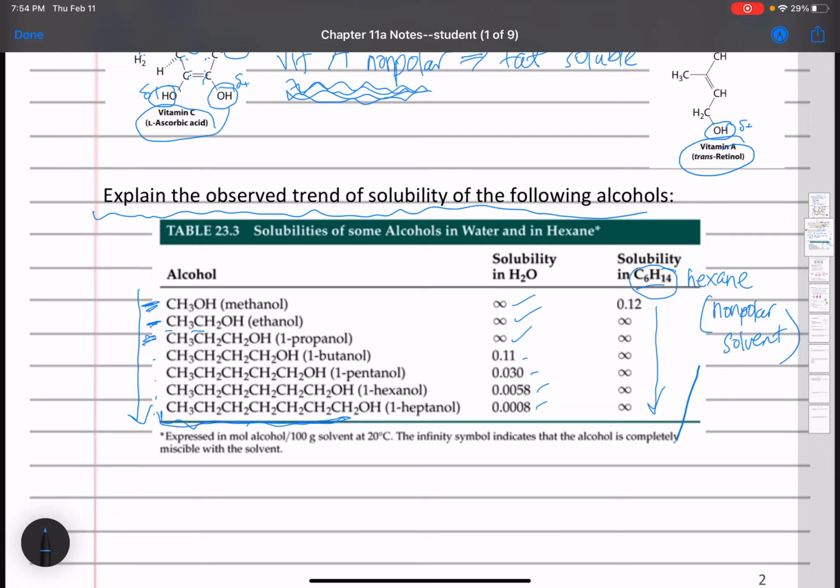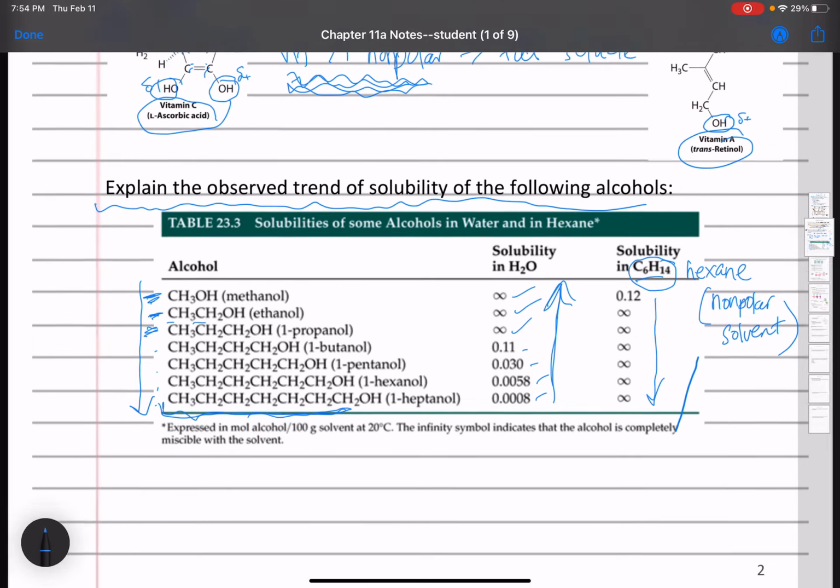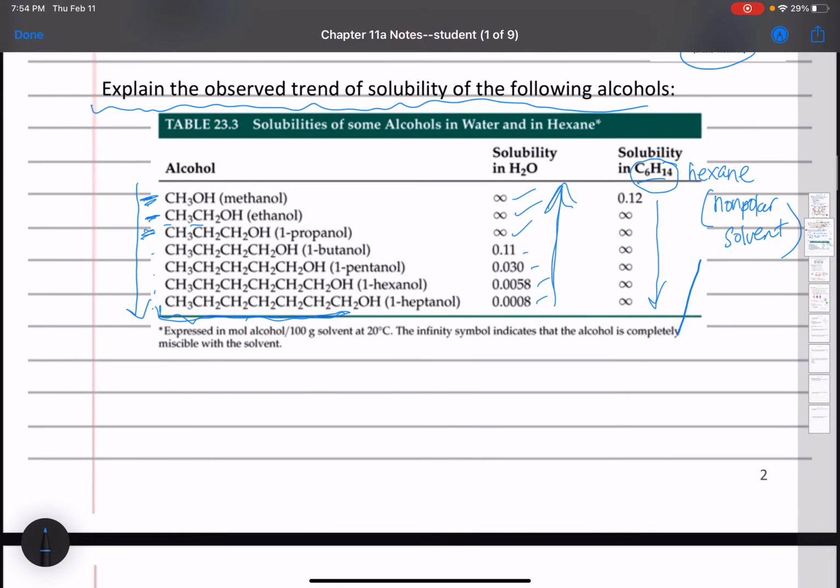So you'll see this opposite trend here. The more soluble it is in water, the less soluble it is in hexane, and vice versa. These solubility numbers, by the way, are reported in moles. This is 0.11 moles of that alcohol soluble in 100 grams of water.